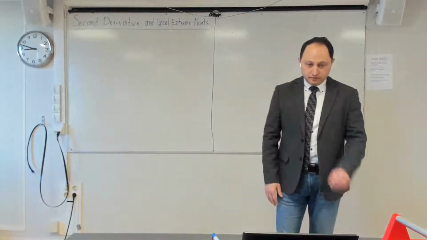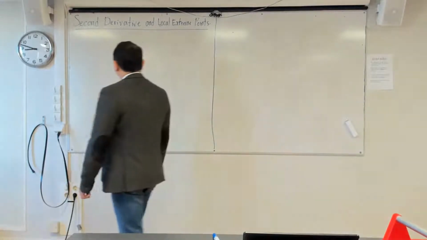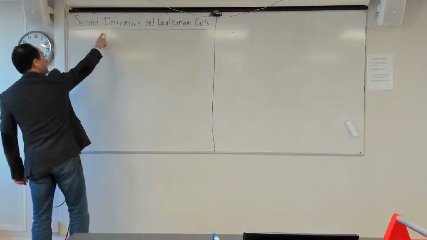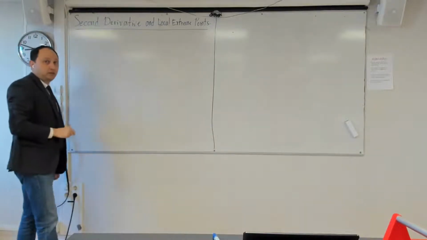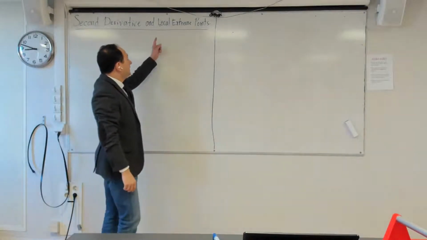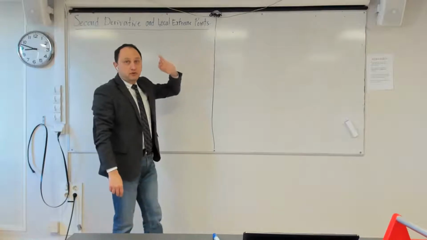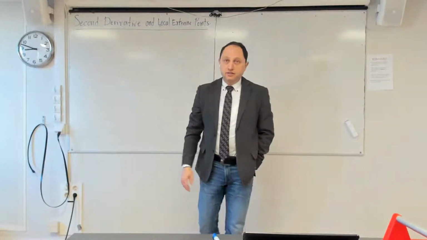Okay. Now let us start today's lesson. You see, again, I'm starting with this title, second derivative, that we learned last time. But this time I want to talk again about local extreme points. So if you remember, I talked about a theorem called the first derivative test.